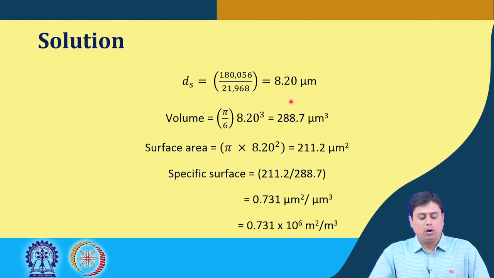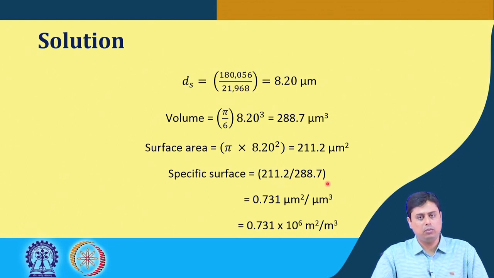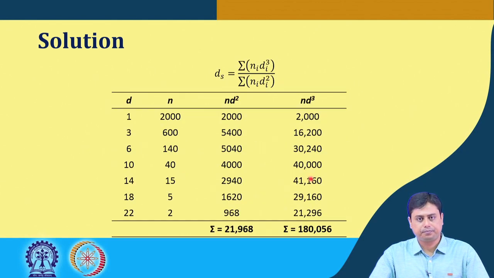If you had not known what specific surface area is, that is also a take home message from this problem: it is the surface area per unit volume. We have also learned how to convert number distribution to mass distribution, and I hope you should be able to convert in the reverse manner, that is, if mass distribution is given, you should be able to calculate the number distribution.